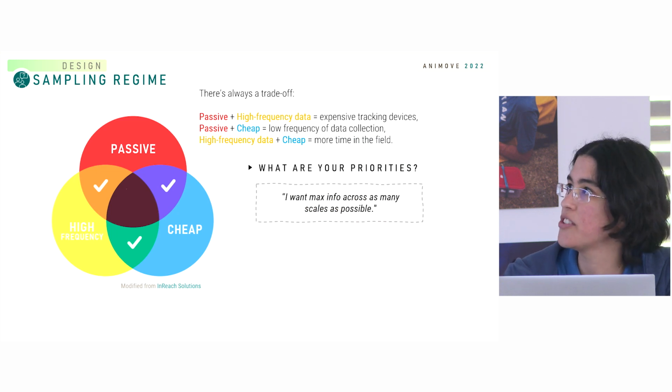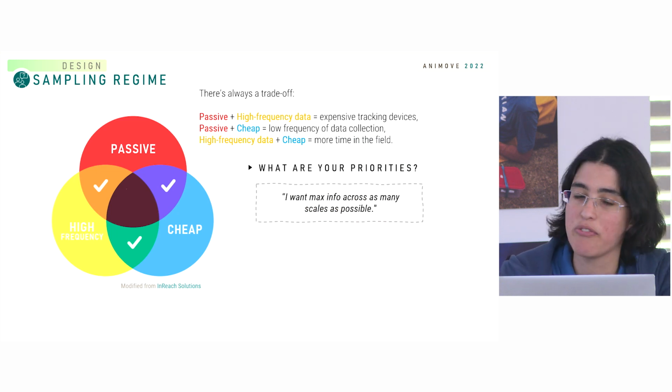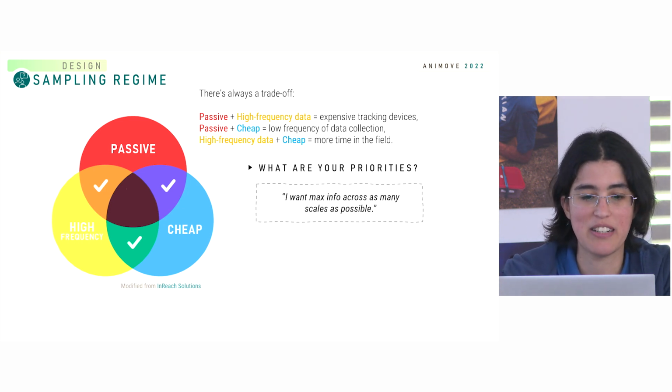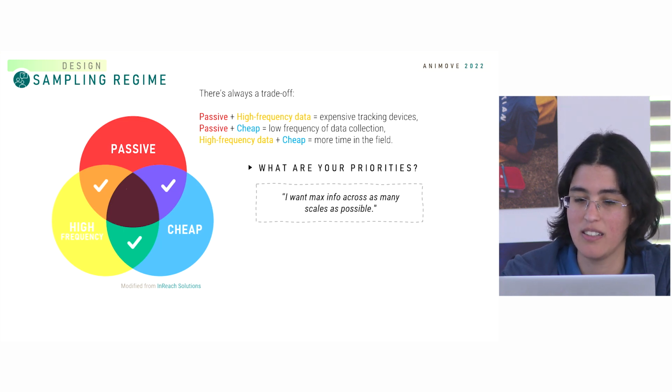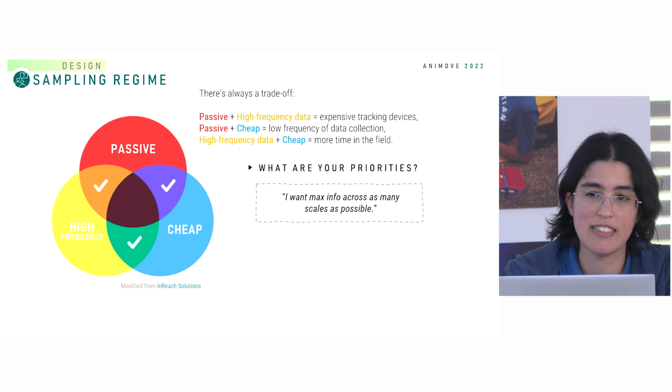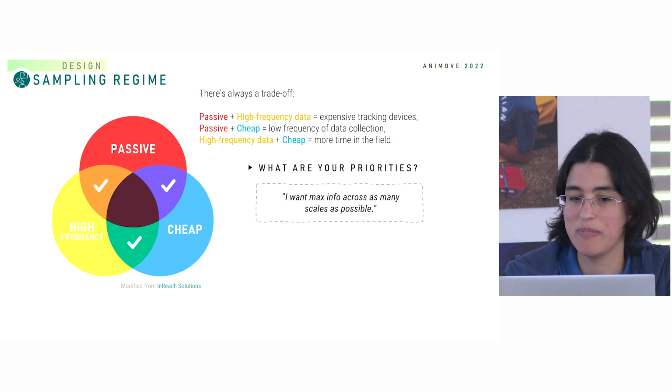So there's always a trade-off, right? If you want something that's passive and you don't need to be in the field running around after animals, and you also want high-frequency data, maybe you have to spend more money. Maybe you can only track bigger animals that can carry the devices that can get that data. If you want passive, but you also want cheap, maybe, again, you're missing out on high-frequency data.